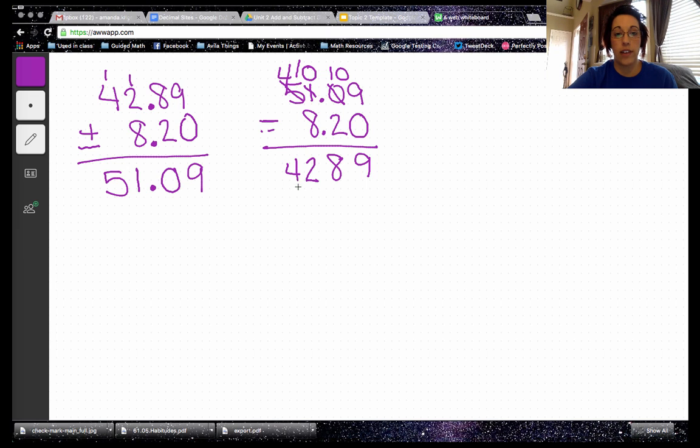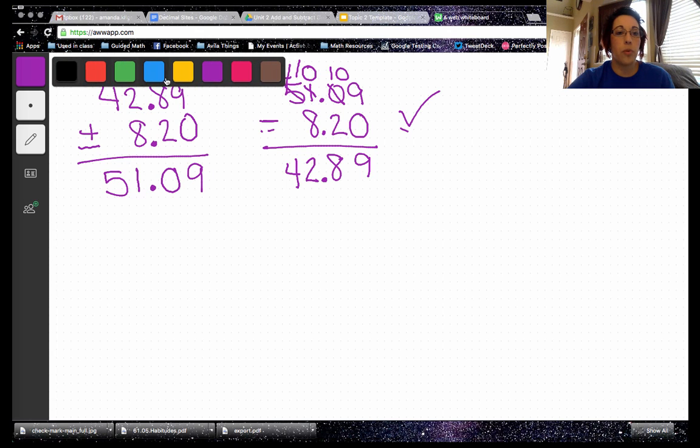Bring our 4 down. Decimal, decimal, decimal. So we get 42 and 89 hundredths. Our work checks.